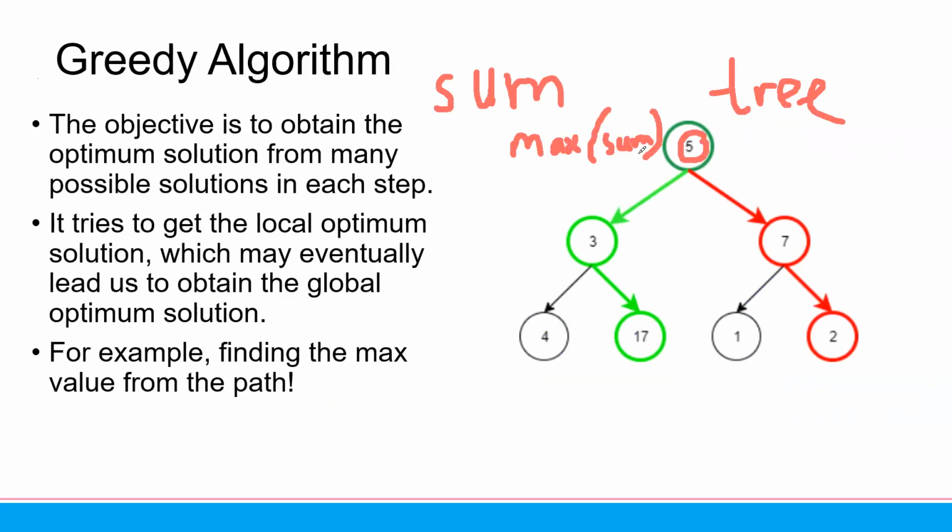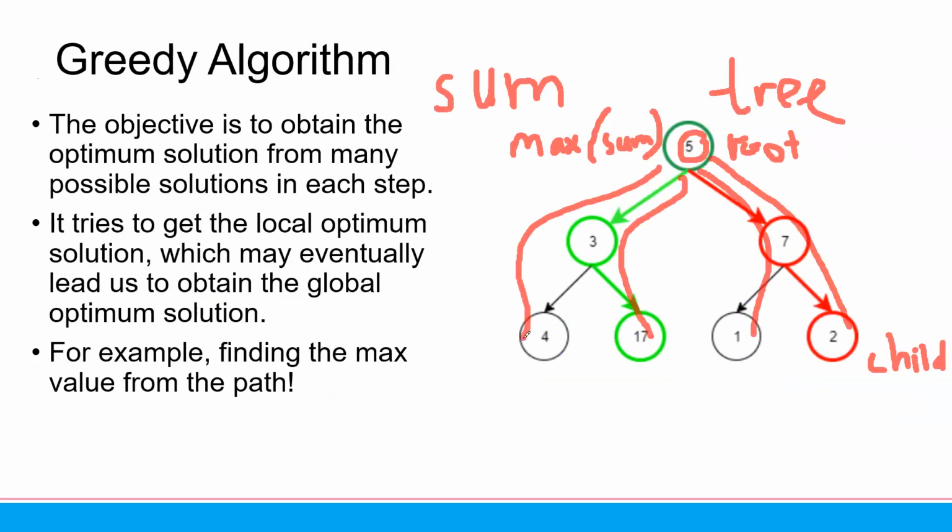So I can do the greedy algorithm for every possible number from the root, okay, we call this the root, until the child node. For every possible solution, we will go from the root until the child, and we want to find the summation which gives the maximum.